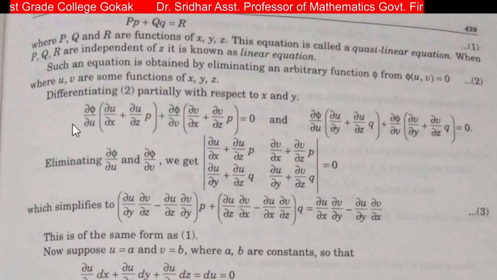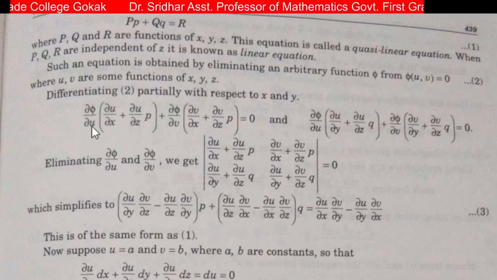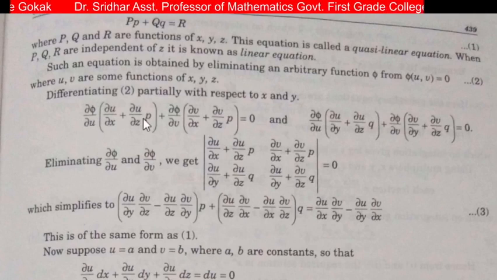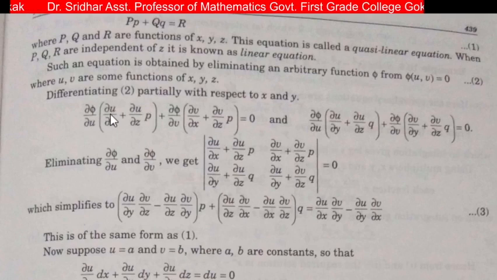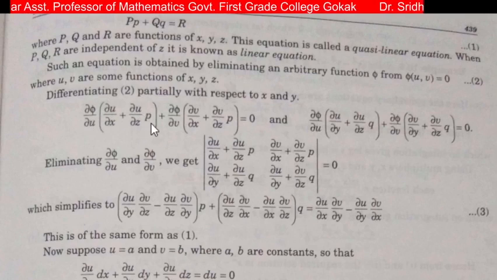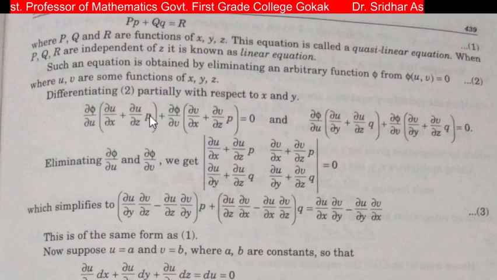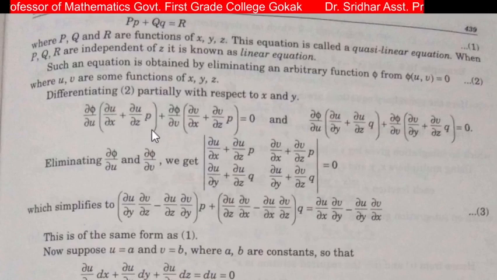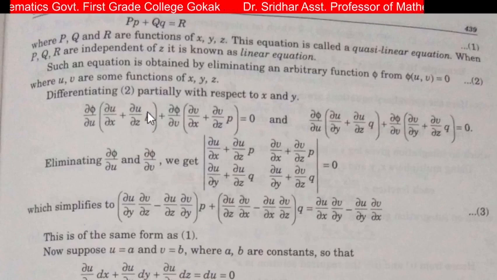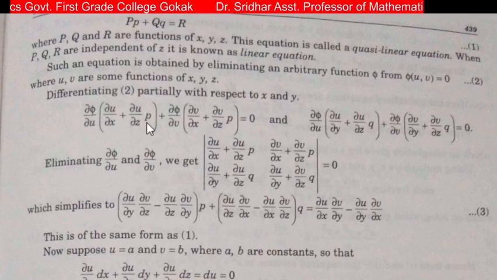First we differentiate dou phi by dou u, then put the bracket, then dou u by dou x plus dou u by dou z into dou z by dou x, where dou z by dou x is nothing but p.